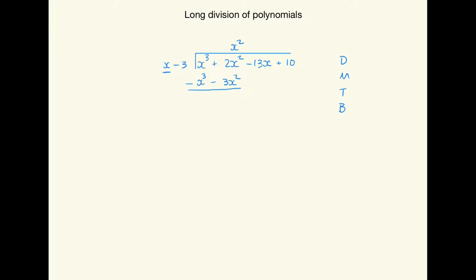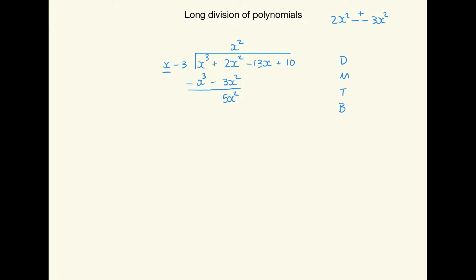If I just write that up the top corner here, this take away negative will turn into a plus, okay? Because 2 negatives next door make a positive, or a plus. So it's in fact 2x squared plus 3x squared. That's going to give us 5x squared.